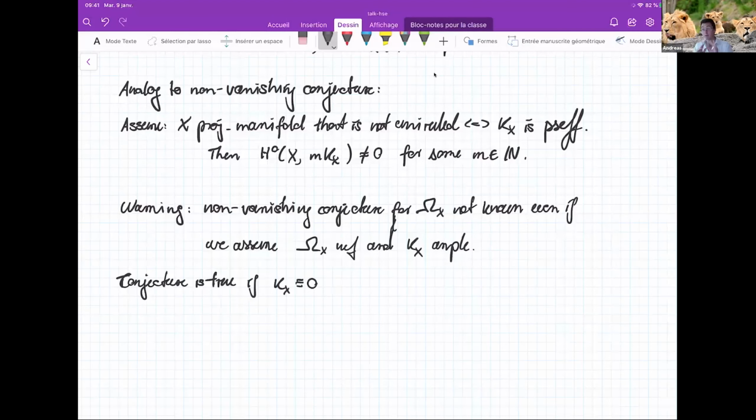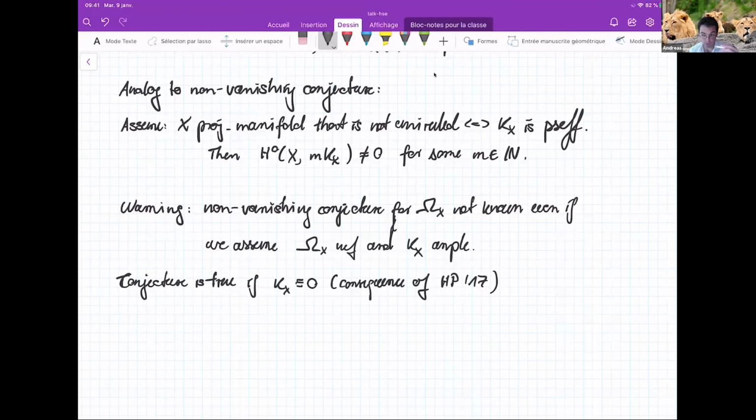If you look at manifolds where the canonical class is trivial, and you assume that omega X is pseudo-effective, then you will have this non-vanishing property, simply because, as I told you at the start of this lecture, there is going to be some abelian part, and then the abelian part will give you one-forms.